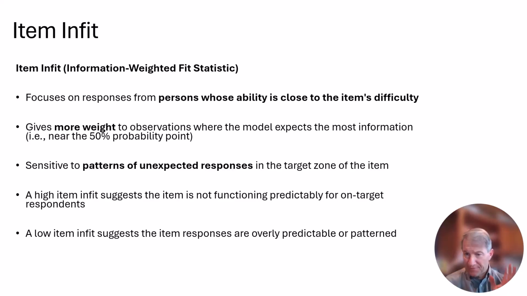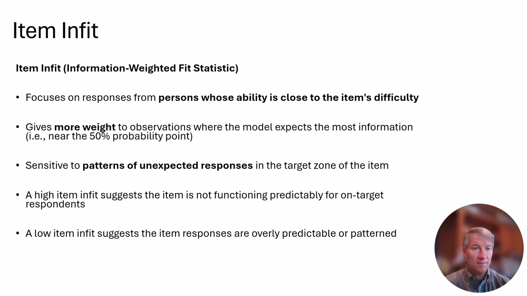The infit measure gives more weight to observations where the model expects most of the information, so that's right around the 50% probability point of a correct response. So it's very sensitive to patterns in unexpected responses in the target zone.